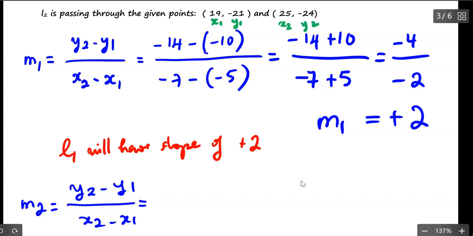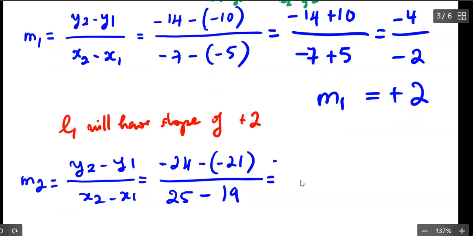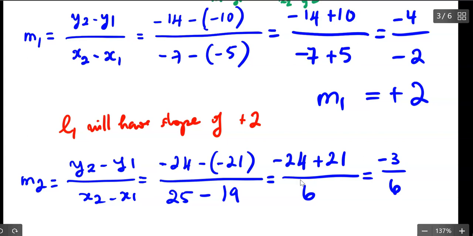Okay, so in this case, I will have negative 24 subtract negative 21, put it in the brackets, and 25 subtract 19. So on top I should have negative 24 plus 21, and I should have 6 as the denominator, so I should have negative 3 over 6. So in this case, I should have negative 1 over 2.